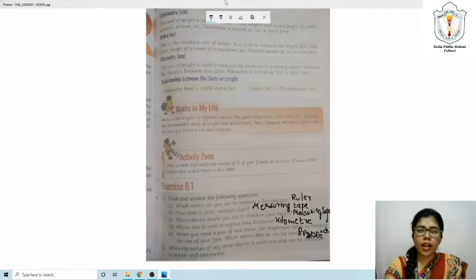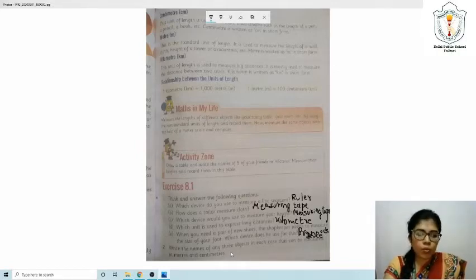Now children, let us move to the last one, question number 2. Write the names of three objects that can be measured in meters and centimeters. This is very easy. One I'll write for you and the rest two you can write.